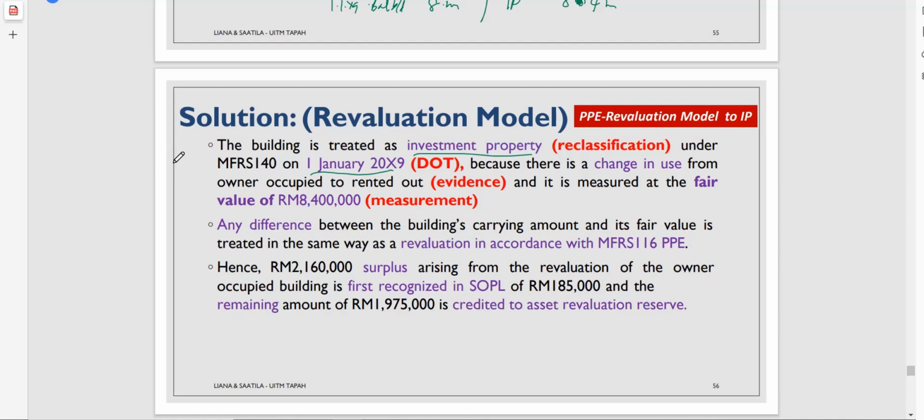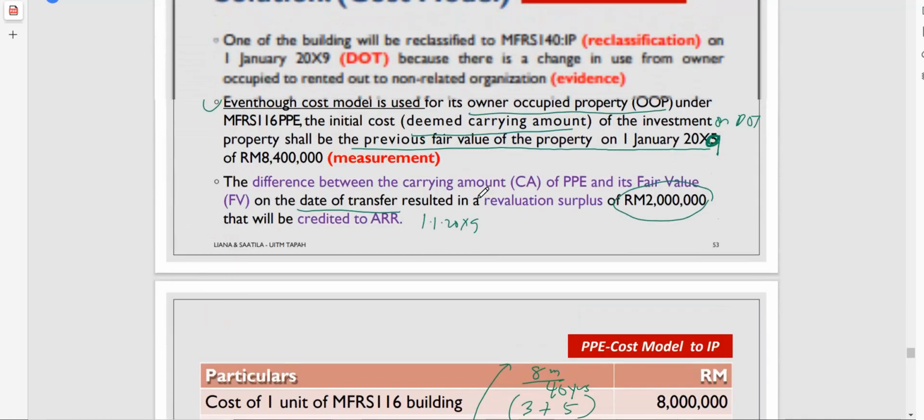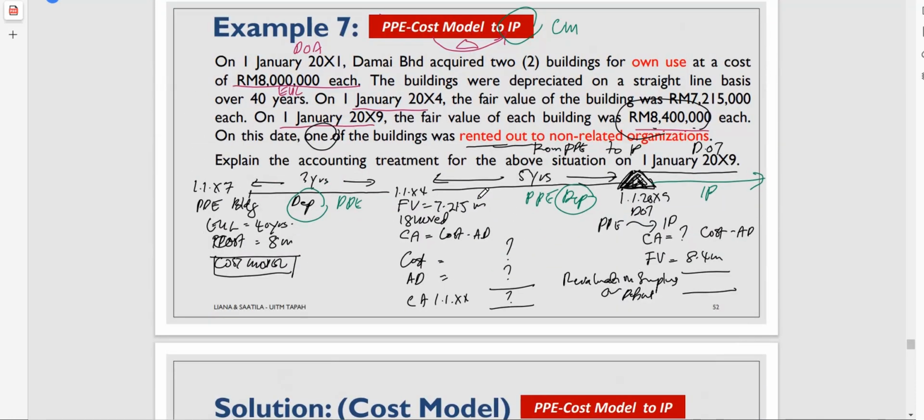So the revaluation that took place even before the date of transfer must not be ignored if you follow the revaluation model for PPE. So you need to go and find out what was the first surplus or first deficit, and on the date of transfer you need to find out again what is the surplus and deficit, and what is the accounting treatment as per the revaluation model under MFRS 116.